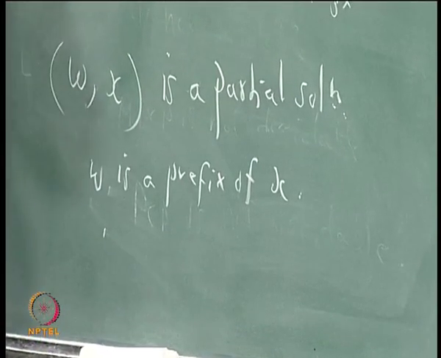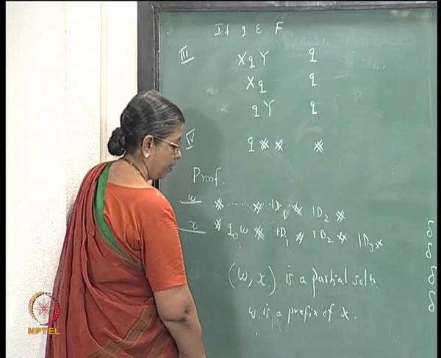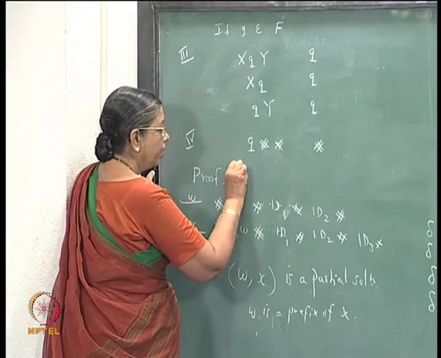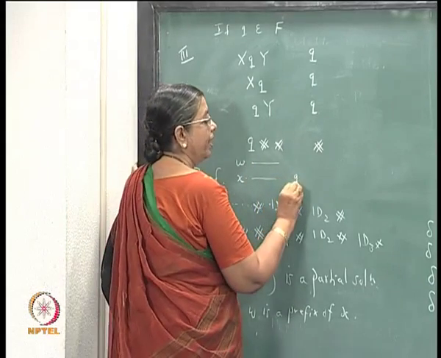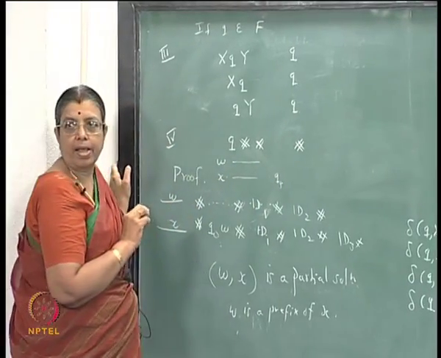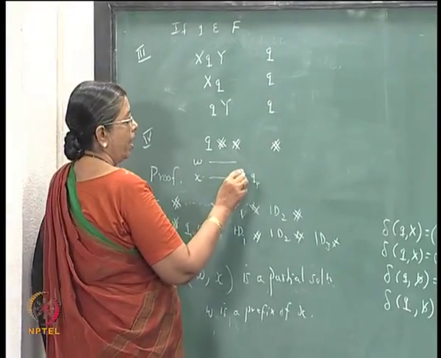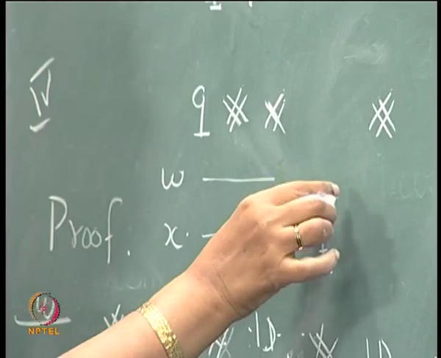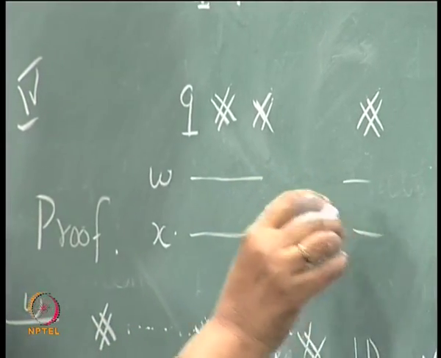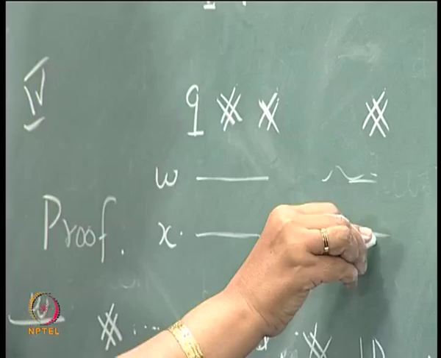Now, you continue this solution, this Wx, you continue the solution until you reach a final state. Then when you reach a final state, symbol by symbol you try to absorb. So, ultimately here you have a longer string, you have a shorter string here.